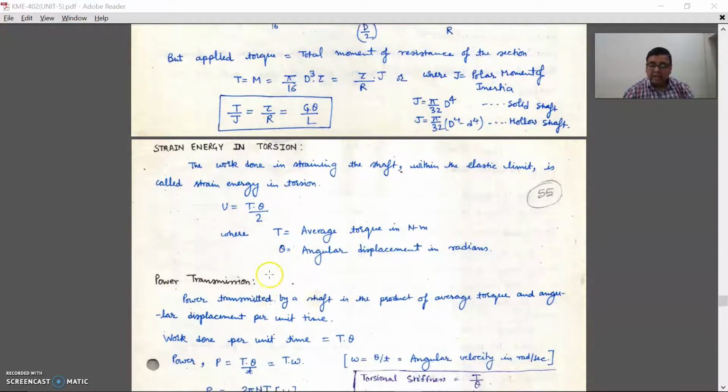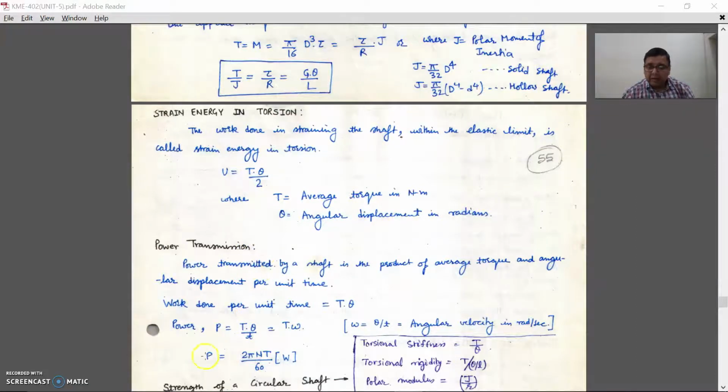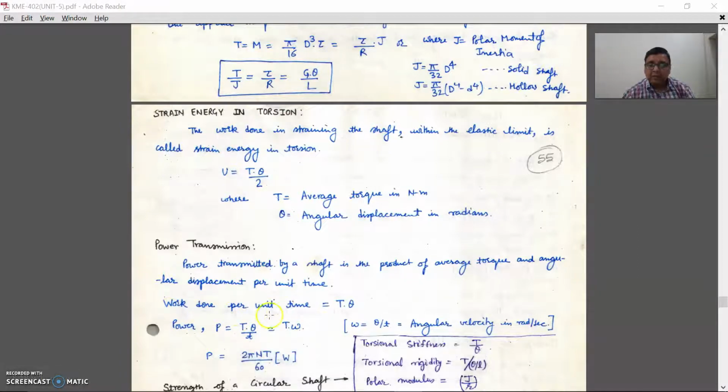Okay. Then in the same step, the next formula is very important, that is the power transmission by the shaft. We know that power transmission by the shaft, P, is the work done per unit time, equal to T into theta, where T is the applied torque, which is the same as the internal moment of resistance, and theta is the angular twist, right?